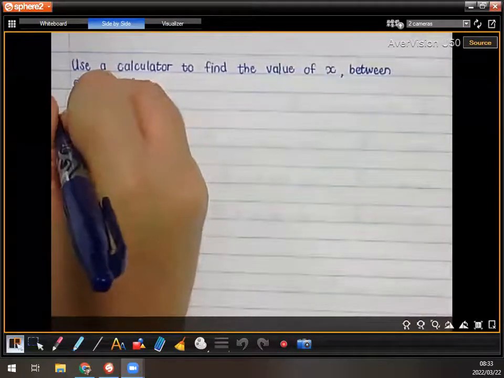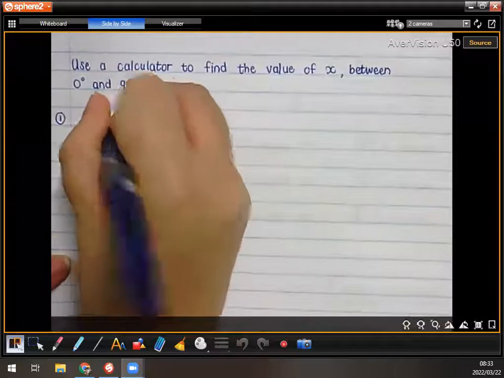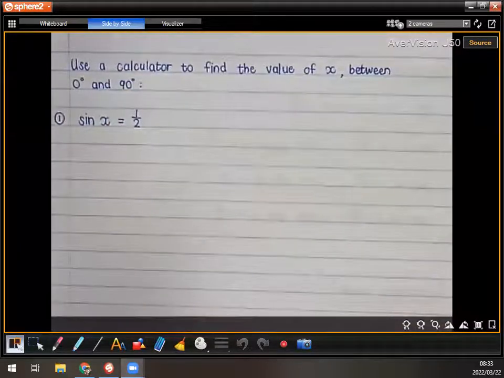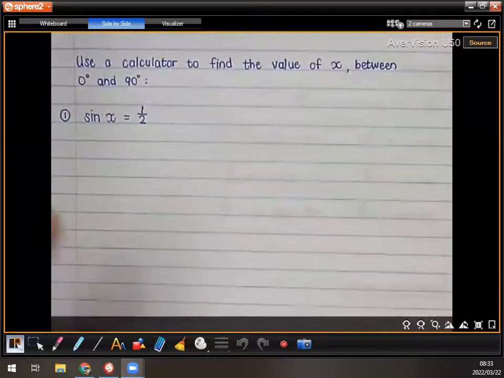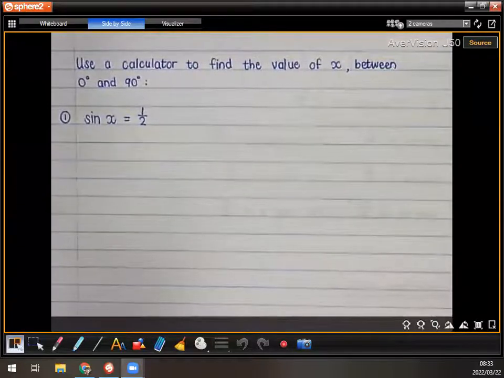Okay, so the first question is just saying sine of x equal to a half. Now guys, why do you think they're saying between 0 and 90?